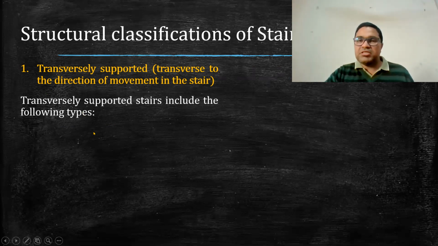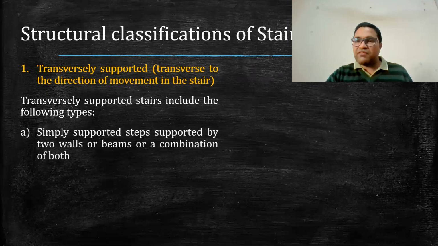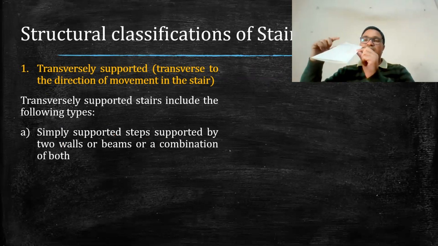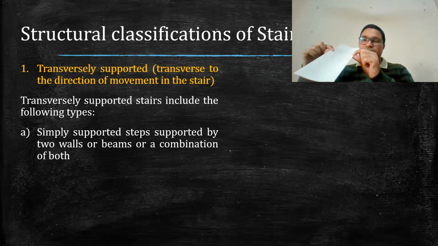So based on this support, there are different types of transversely supported staircase. Now, one can be simply supported steps supported by two walls or beams or a combination of both. So in that case, if it is supported by two walls, one wall will be here, one wall will be here. Okay, so in that case, these two walls will be considered as the supports.